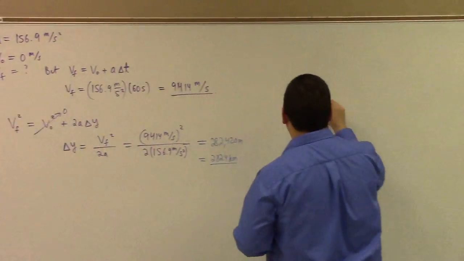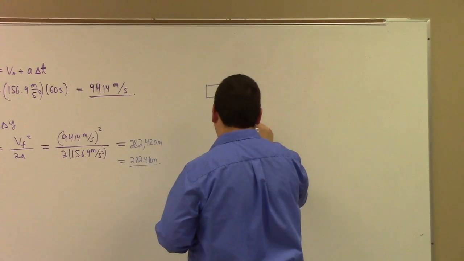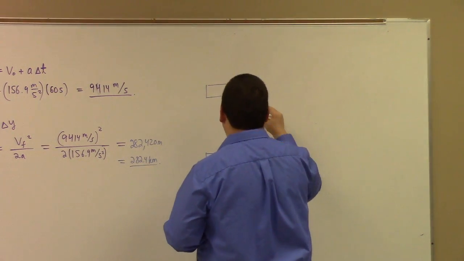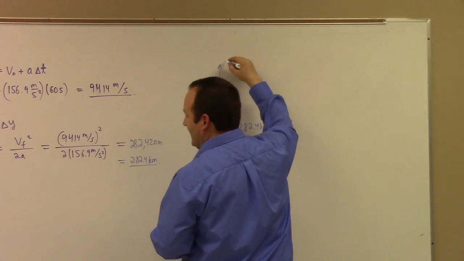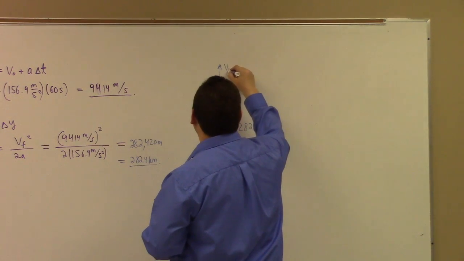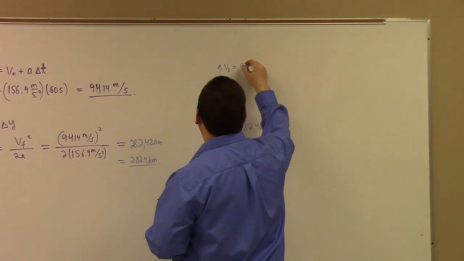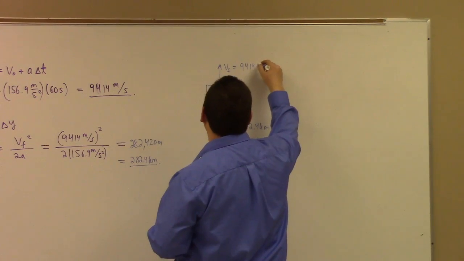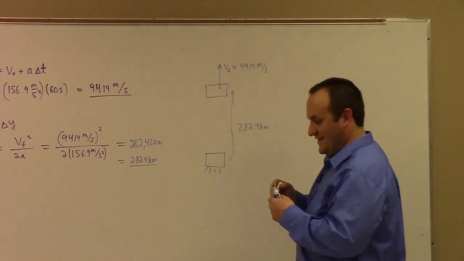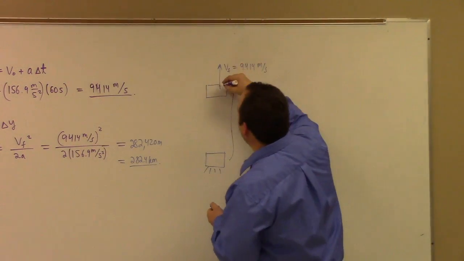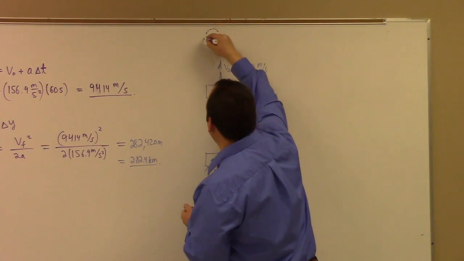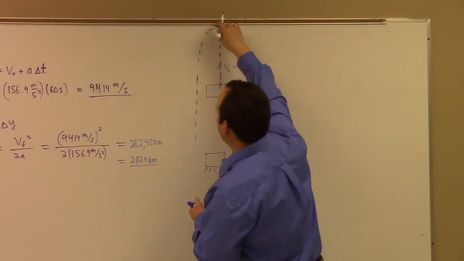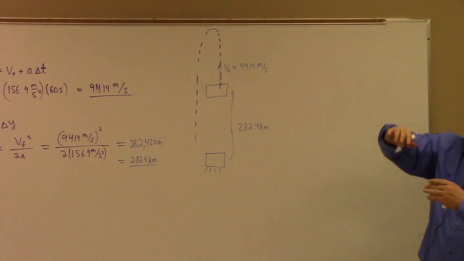So what we have is 282.4 kilometers. At the ending point, it's still got an upwards velocity, its vf is actually v naught for the next leg of its journey, which is projectile motion, right? So it actually keeps going even further up before it finally comes back down. So we've neglected that part of it in terms of its absolute total height.